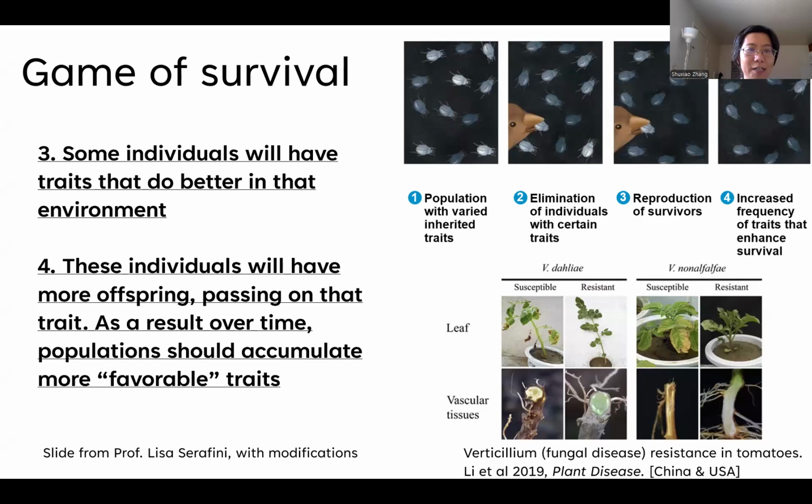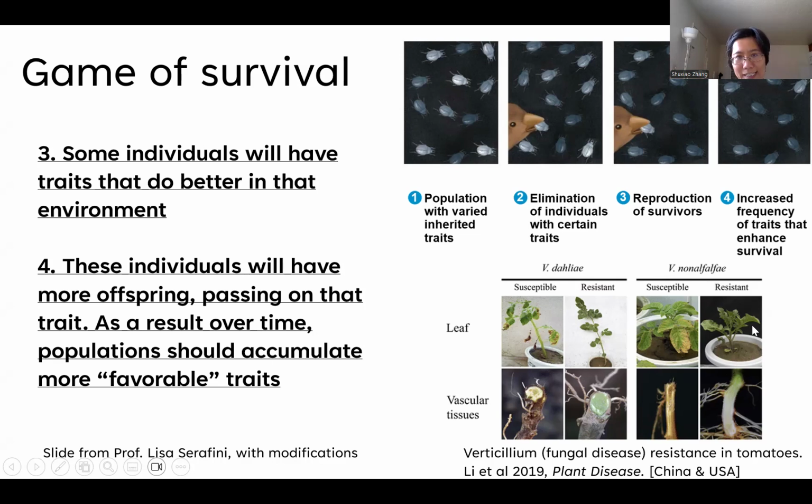The third postulate is that some individuals will have traits that do better than others in that environment. In terms of insects, it can be color of the insect that can help them disguise themselves in the environment. Or in terms of plants, it can be disease resistance, right? So here is tomatoes, and some tomatoes are more susceptible to a kind of fungal disease called verticillium wilt. And you can see here are two different species of the fungus, and some plants are obviously doing better than others, right?